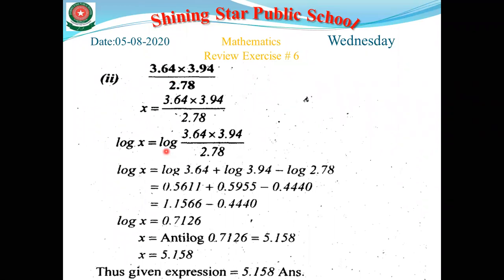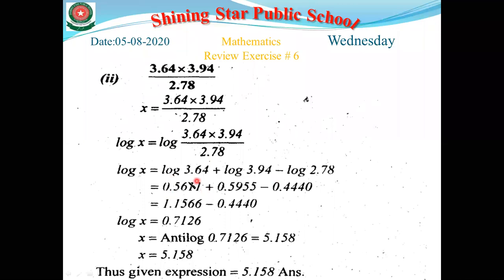Apply the log. So log 3.64 multiplied 3.94 divided by 2.78. So log 3.64 plus log 3.94 minus log 2.78, because when we have the multiplication sign, it's changed into addition, and when we have the value in denominator, it's changed into minus.